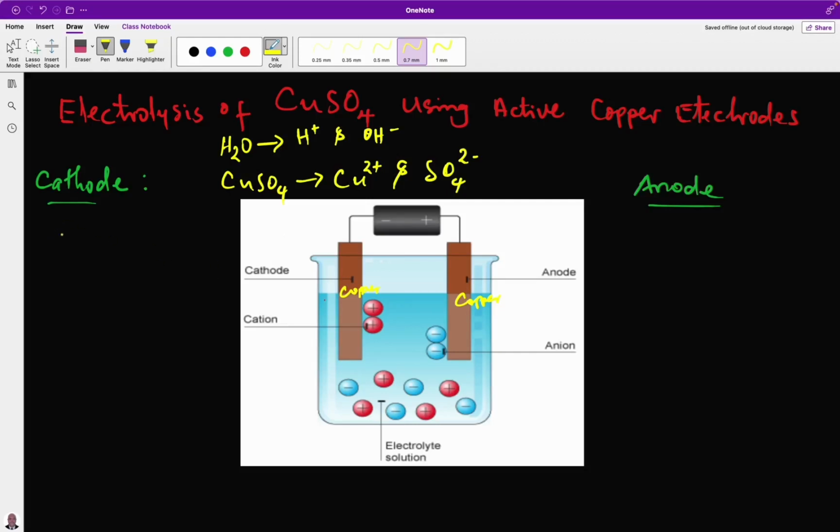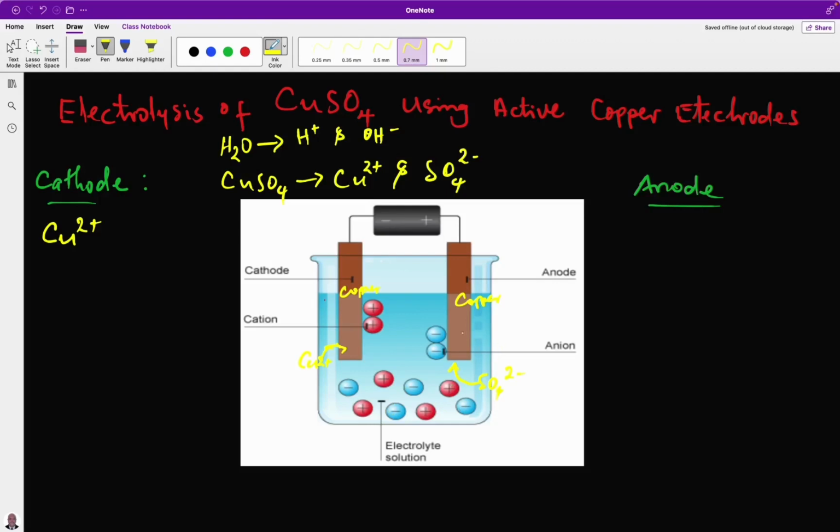From this solution, there's copper 2, so the copper 2 will go to the cathode, and the sulfate will also go there.